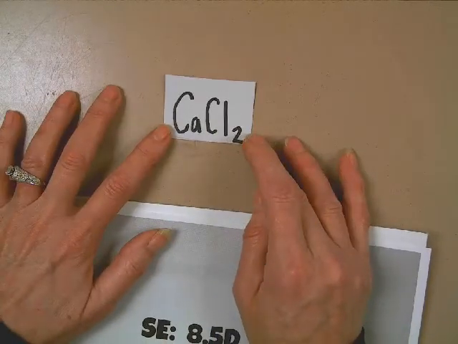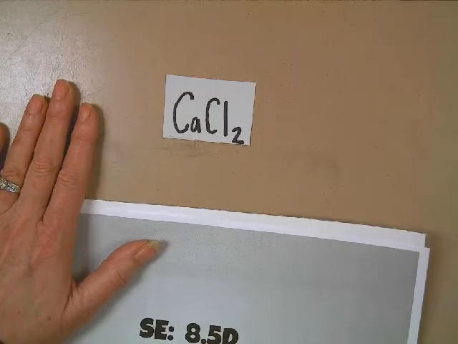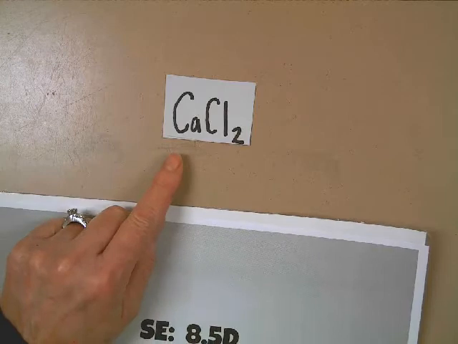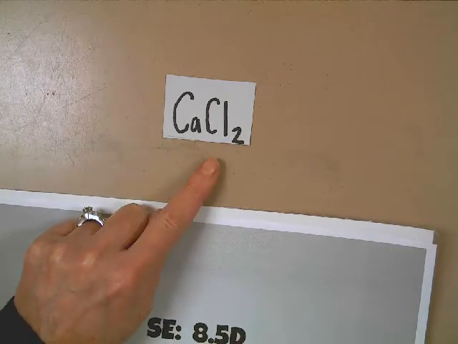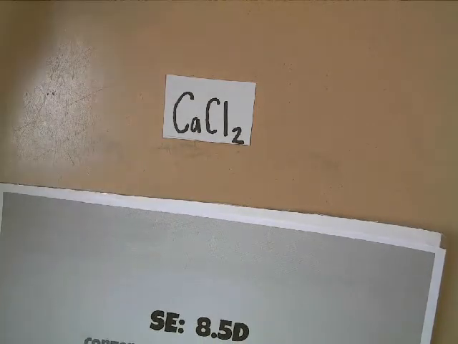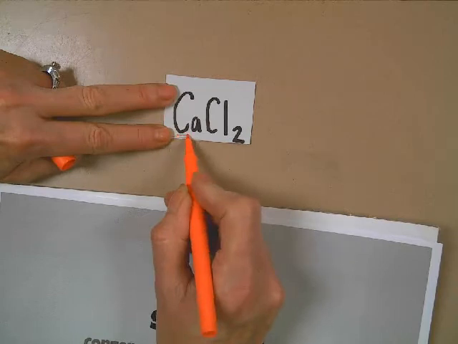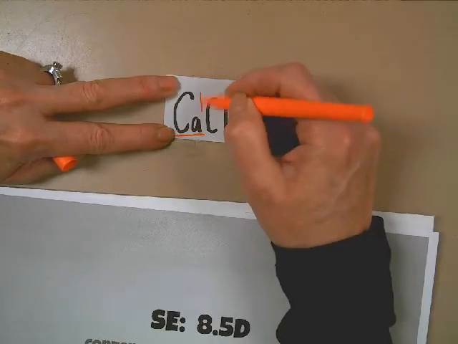Right here I have calcium chloride, CaCl2, and the first thing I notice is that capital letters represent new elements. Elements are the letters on the periodic table. A capital letter followed by a lowercase letter is one element.